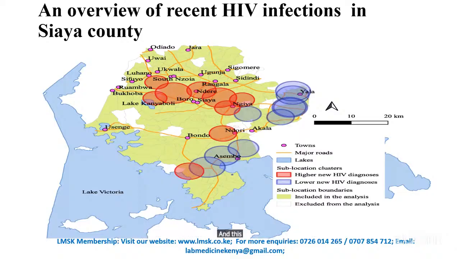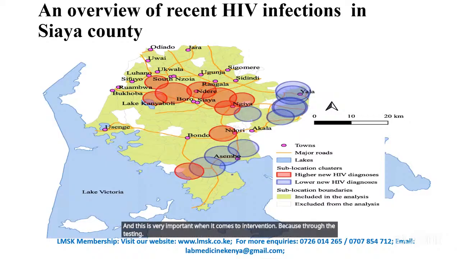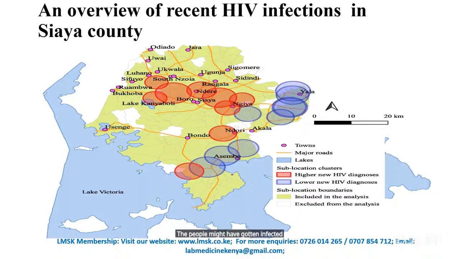And this is very important when it comes to intervention, because through the testing, the people might have gotten infected and they didn't know apart from the time they were tested. And that is why the Recency test will now differentiate between the recent infection and the long-term infection.